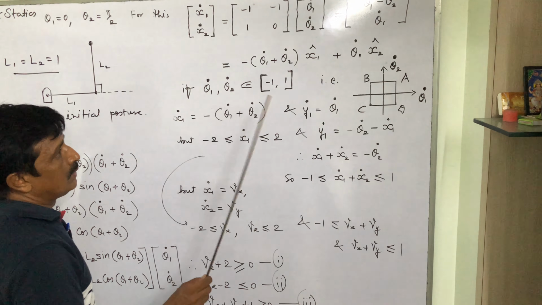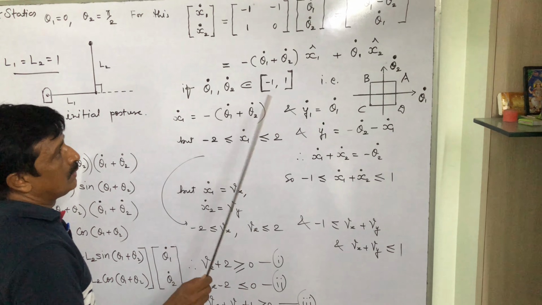So 0 comma minus 1, this point. And if we take Vy 0, we get Vx minus 1. So the corresponding point is minus 1 comma 0. So this one is minus 1 comma 0. This is 0 comma minus 1. So this line represents Vx plus Vy plus 1 equal to 0.